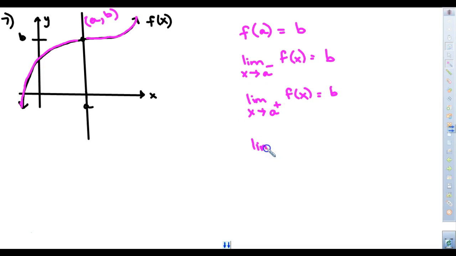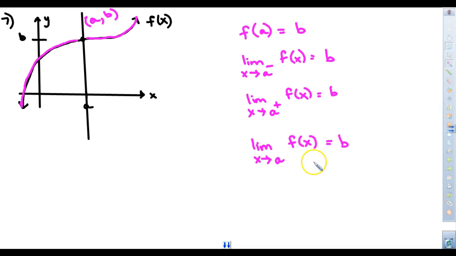We say that the limit as x approaches a of f of x is equal to b. And that's because the limit from the left is equal to b, and the limit from the right is also equal to b. Therefore, your limit as x approaches a is also equal to b. Okay?